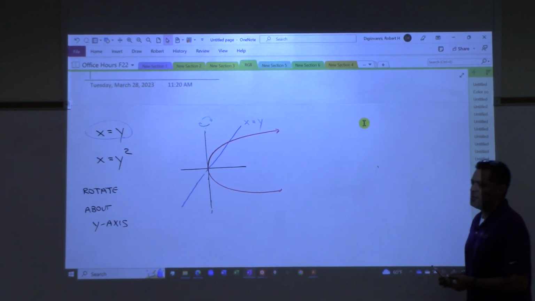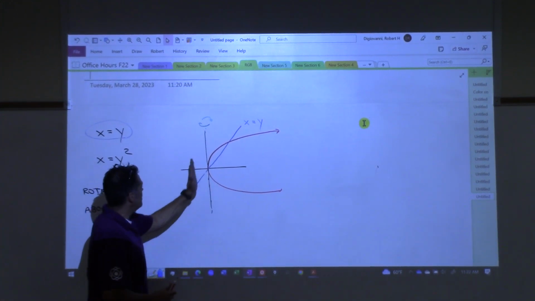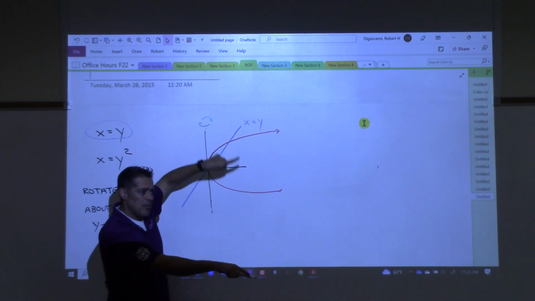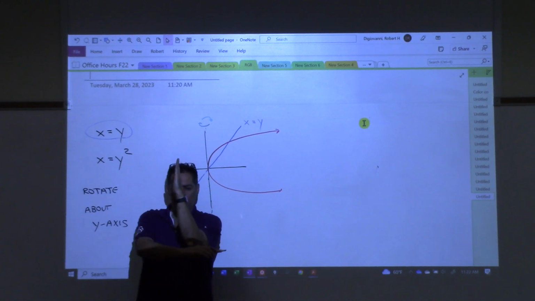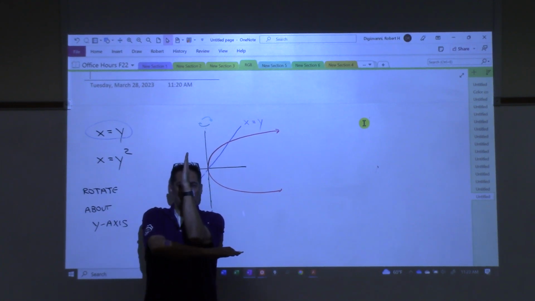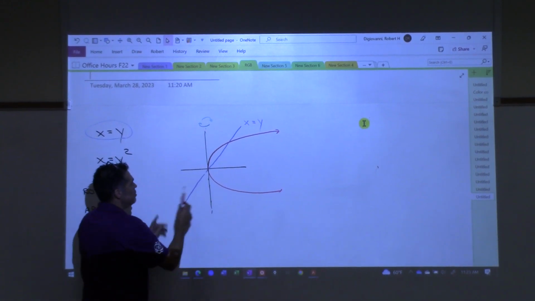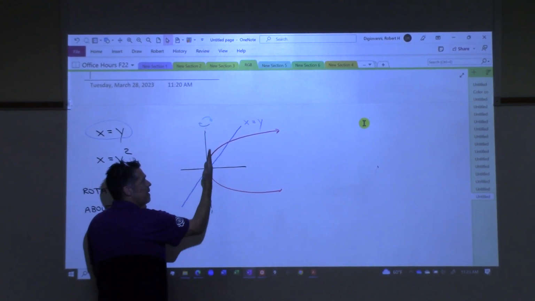Here's the issue we're going to run into. We've been doing vertical rectangles and wrapping around axes that were perpendicular. Our rectangle was always perpendicular to our axis of rotation, wasn't it? Here, if I do a vertical rectangle, my axis of rotation would be parallel to it.